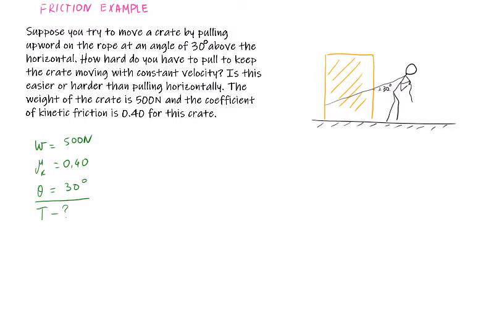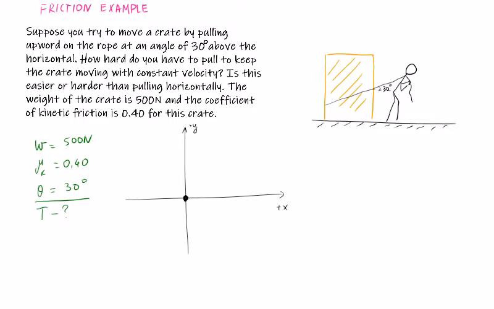So I'm going to start drawing my free body diagram, which I start with drawing the x, y coordinate system. I'm going to call positive x going to the right and positive y going upwards. And here I'm modeling the crate as a particle and putting it at the origin. Now let's go to our picture and see what forces are acting on it.